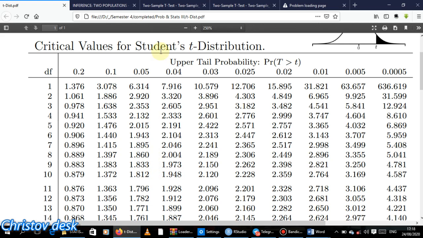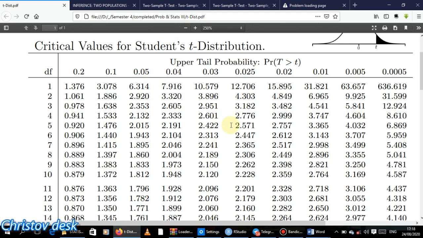In that case, we believe that the p-value is going to be between 0.05 and 0.04. The fact that we don't know the exact value within that, we'll just use the average as an approximate value for the p-value.